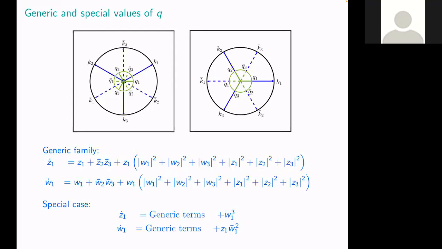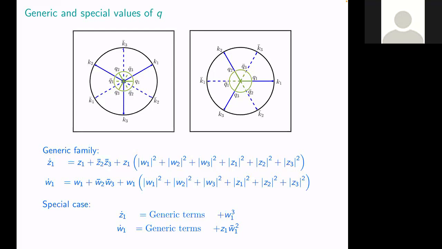And of course, when we move on to combinations of 3 wave vectors adding up to 0, we have many such combinations possible, and all of the ones that you see here in the generic family, think of them as taking the linear term, which is just Z1, and adding to it some combination of wave vectors that add up to 0.